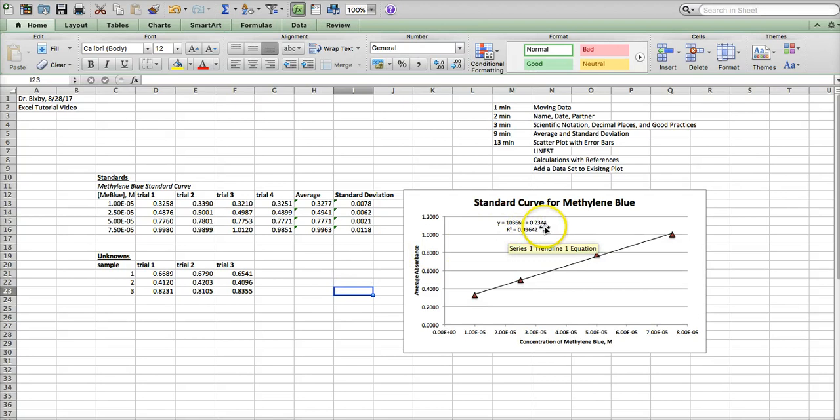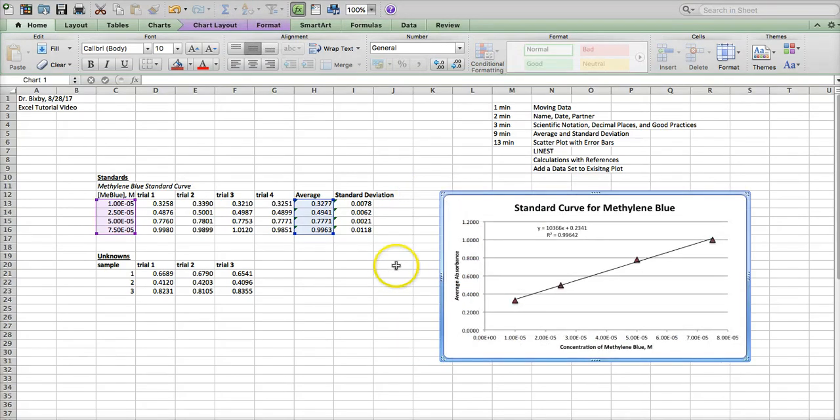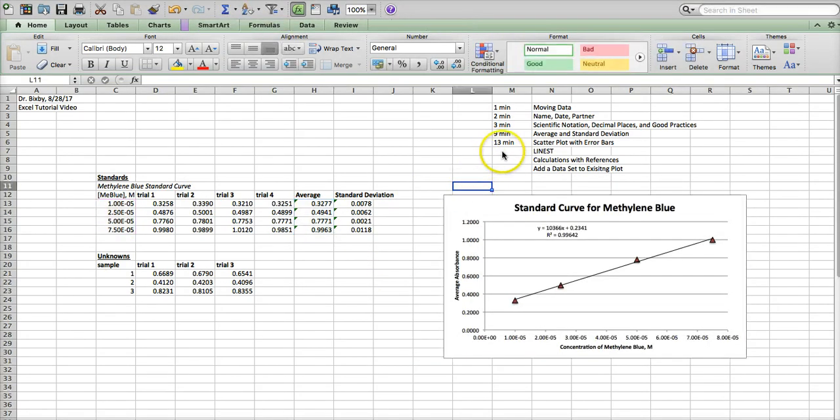If we're trying to use that equation some other time and the slope is super tiny, 0.00004 or something like that, it will not show you what the slope is in scientific notation, and so you usually only get one sig fig or maybe 2, which can actually introduce a lot of error when you're doing your calculations. So we're going to move on to the next item on this list now.